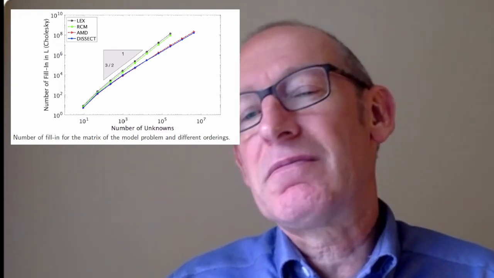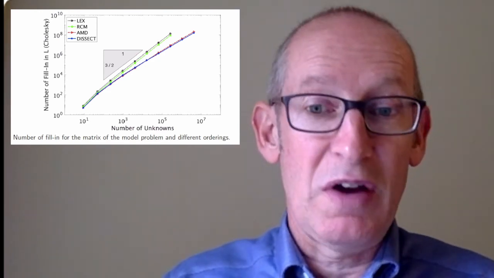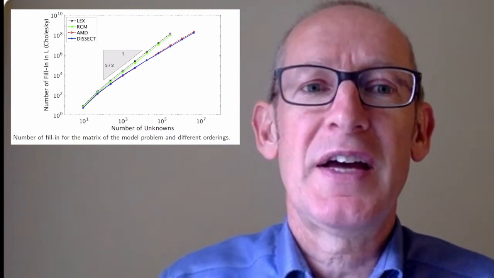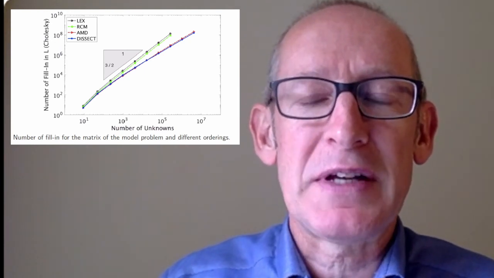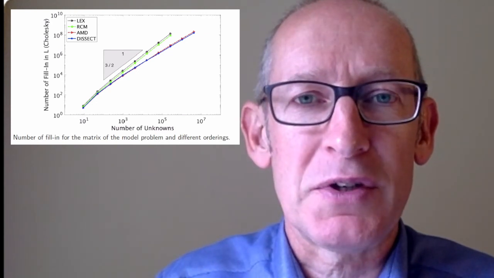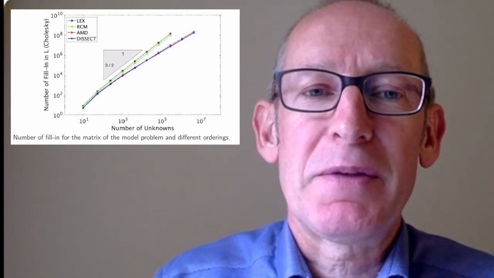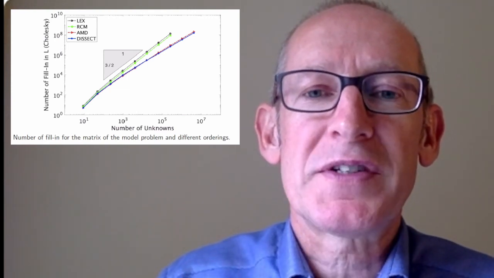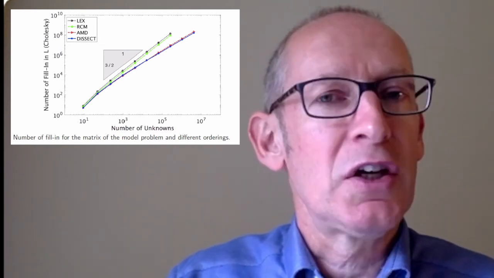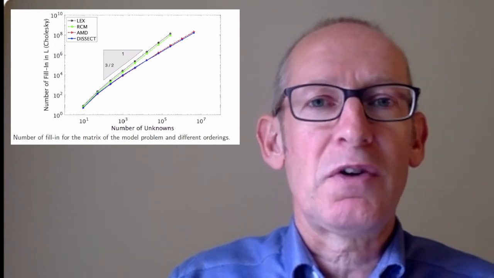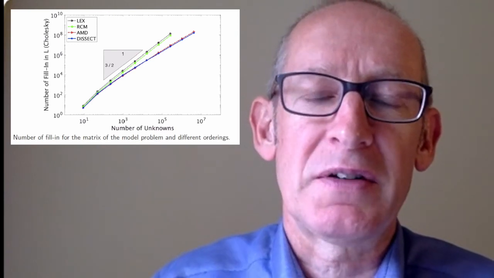Of course, if you have 10 to the power 7 unknowns, you have 10 to the power 7 entries in your matrix. When you are then around 2 times 10 to the power 8, you have on average 20 entries per row, which is reasonable. On the other hand, for the reverse Cuthill-McKee, which is almost the same as the lexicographical ordering, you only have a smaller constant in front of the estimate, but the behavior is worse and not as good as AMD or dissection methods.